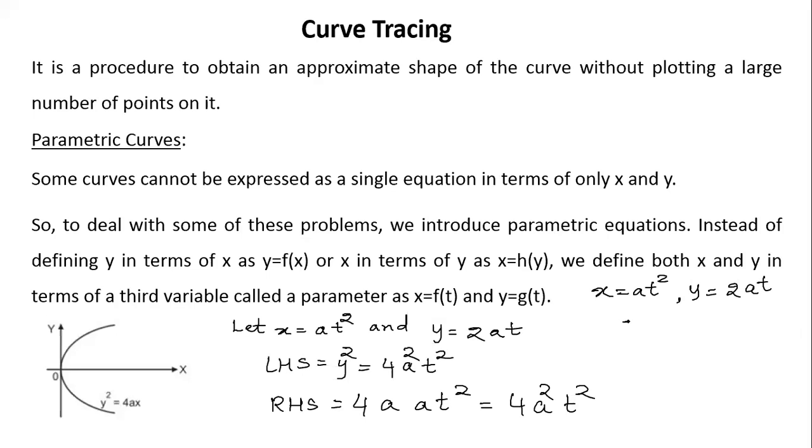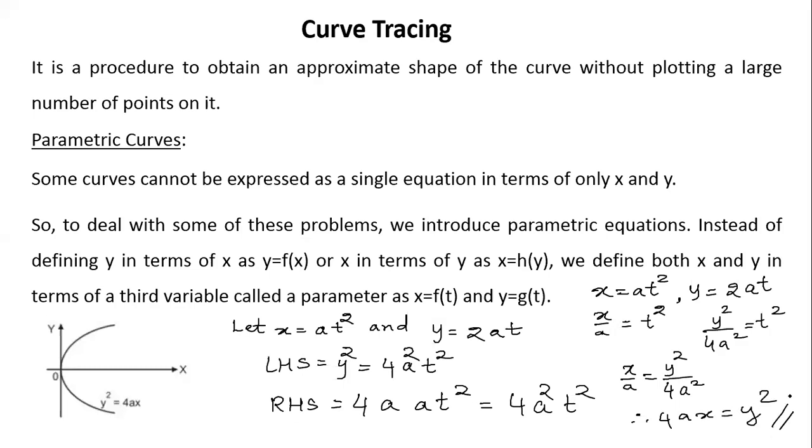So we can understand here t square is equal to x upon a, and here t square will be equal to y square upon 4a square. Just we have to say x upon a equal to y square upon 4a square, and that will be equal to 4ax is equal to y square. So we can go by any route and we come to the other end. Mathematics is very lovely.